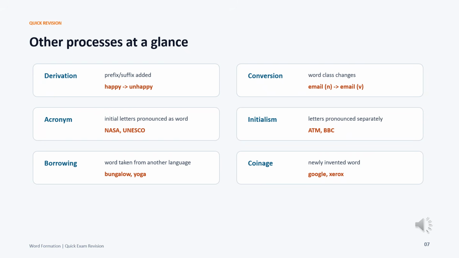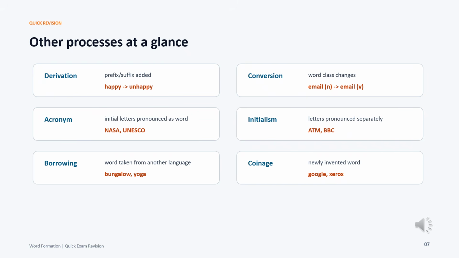We have acronyms too. Acronyms are formed from initial letters and pronounced as words, like NASA, UNESCO. Initialisms are pronounced letter by letter, like ATM, BBC.